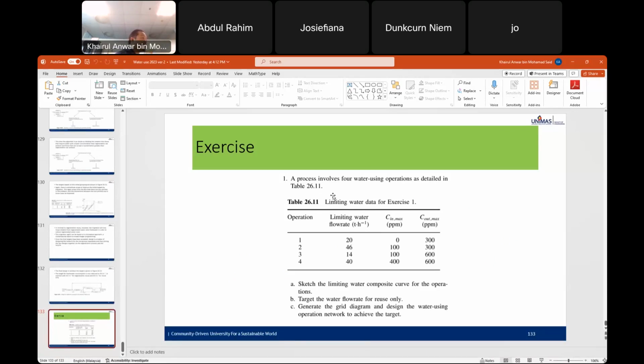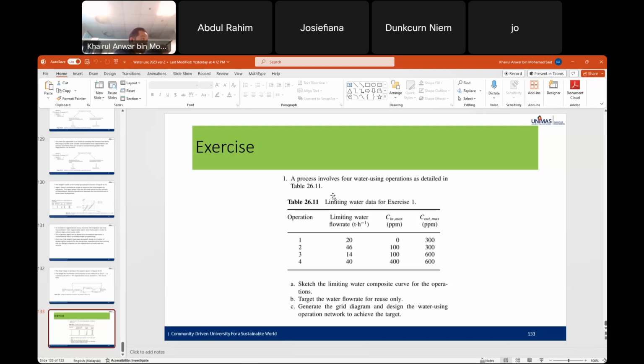To construct the grid diagram, what to do first is to construct the limiting water composite curve for these operations. The y-axis is the concentration in ppm. The x-axis is the mass load.